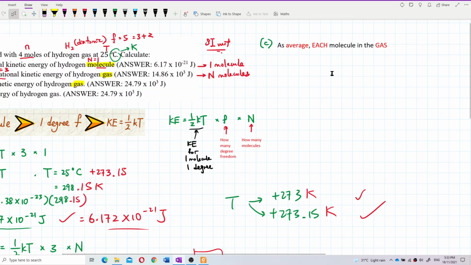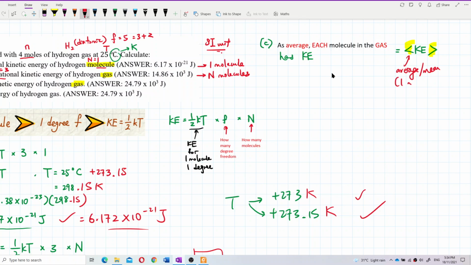As average, each molecule in the gas has kinetic energy. So this is what it means by the average kinetic energy. The bracket here means average or mean kinetic energy.